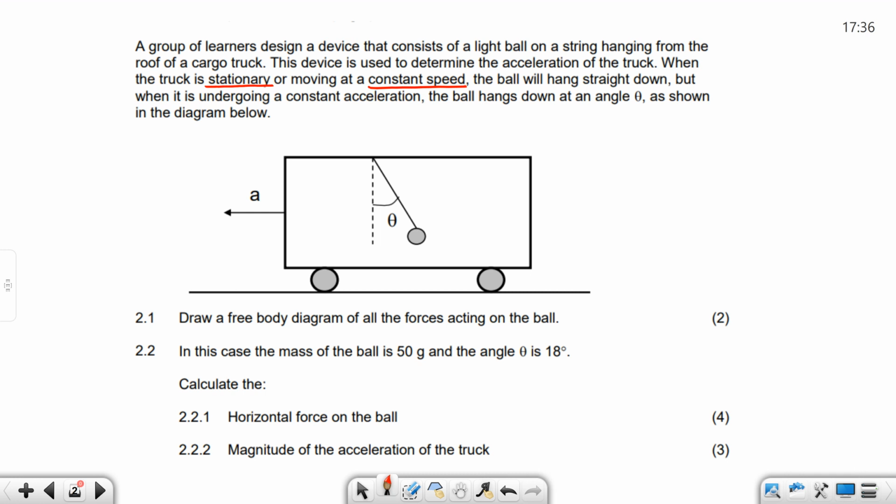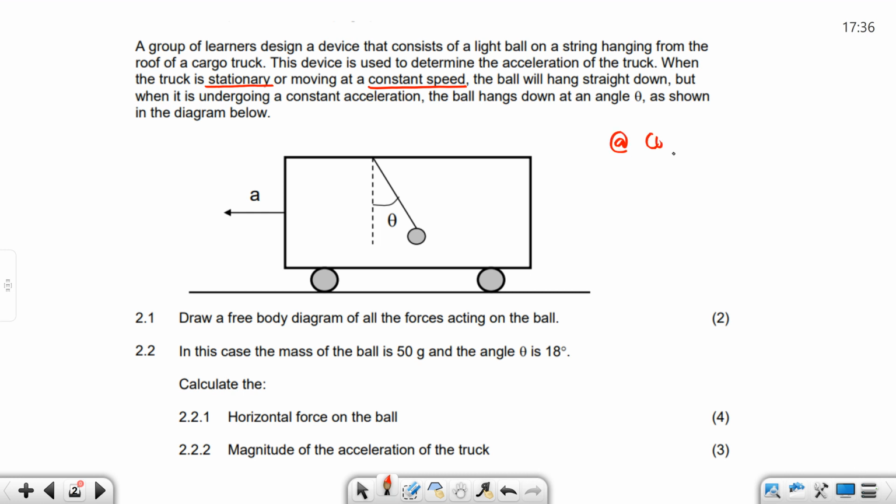Object is stationary, it's Newton's first law, but when the truck is stationary or moving at a constant speed, the ball will hang straight down. Something is common. Lovely. Zainab: the net force is equal to 0 at both points. Why?